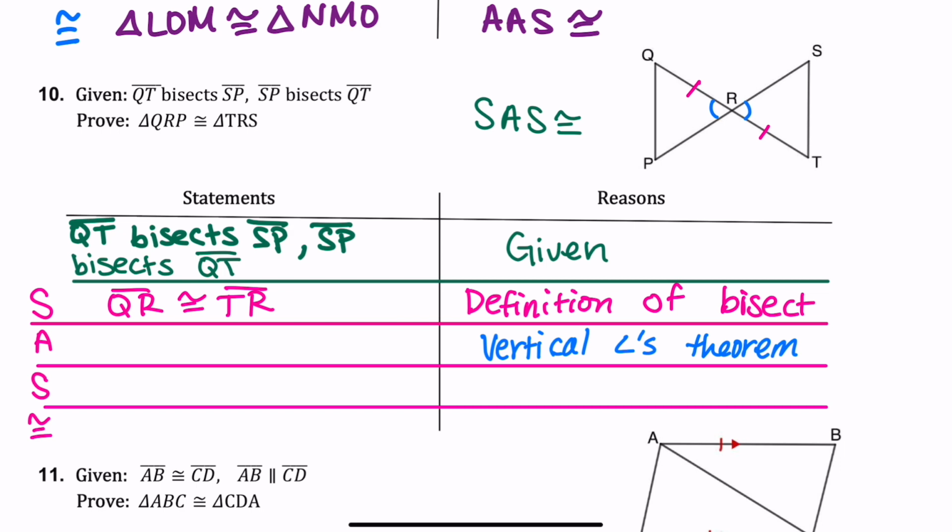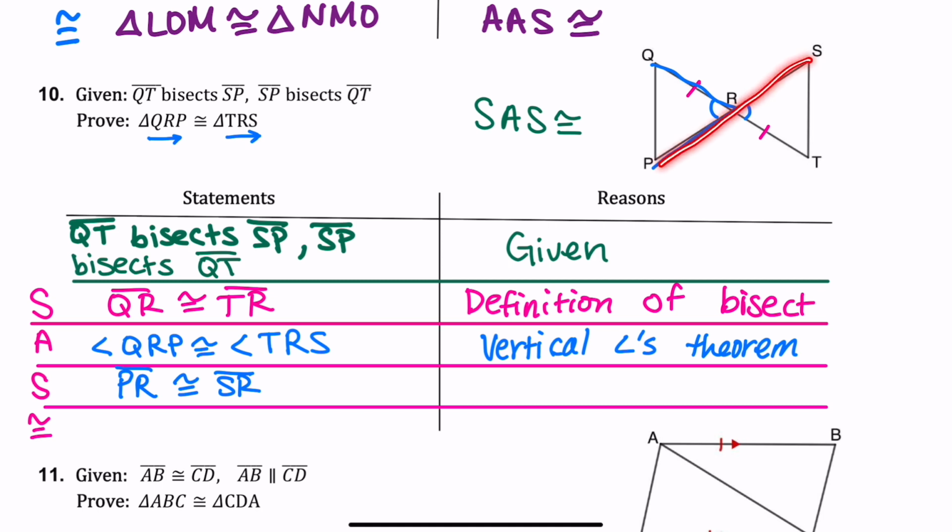And I'm going to start with QRP. QRP goes in this order, so it's going to be congruent to TRS. Our next one is the last side. We've done QR and TR. Our last one is going to be PR and SR. And if you aren't sure, you can always look at your congruence statement. PR goes with SR. And the reason for that one is also the definition of bisect.